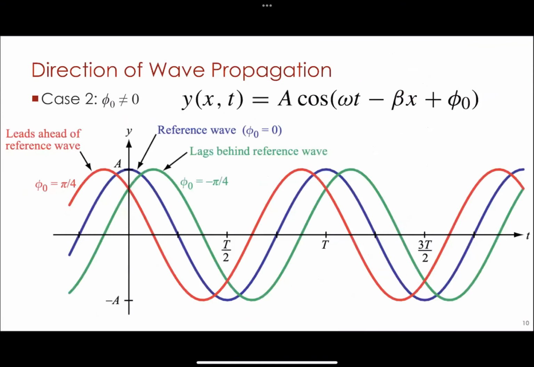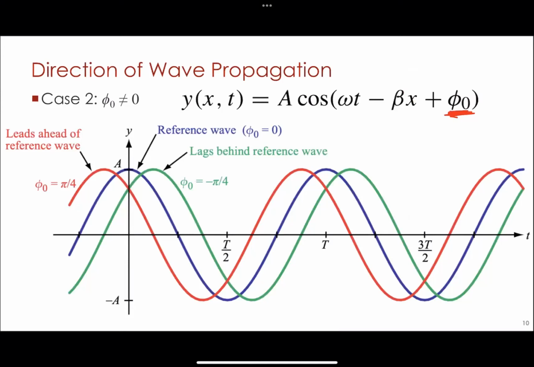The last thing, we have not talked about this phi 0 much yet. So what about it? Well, I had already mentioned it's going to be a shifting to the left or to the right. Doesn't change the frequency. It doesn't change the direction. All it changes is just kind of the position, left to right.